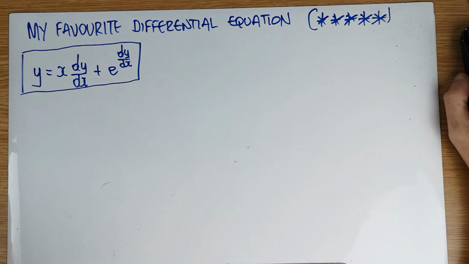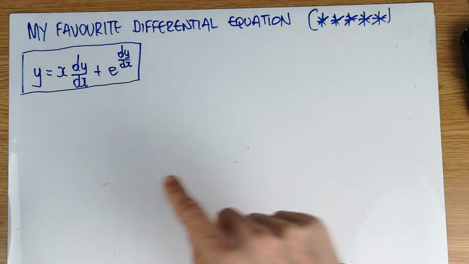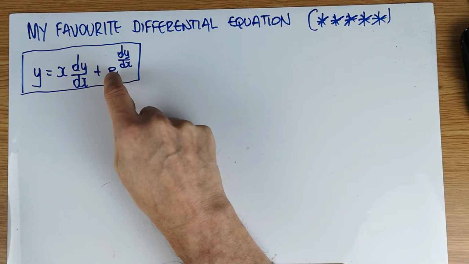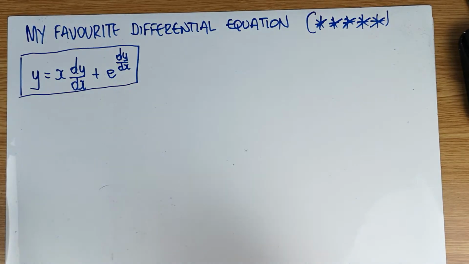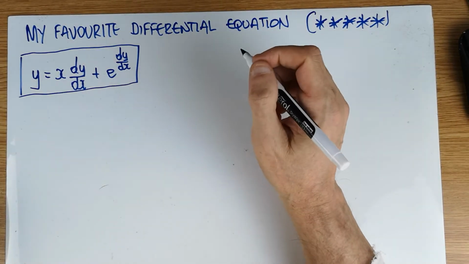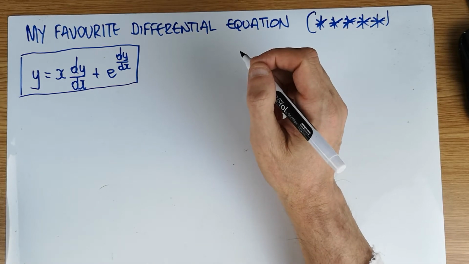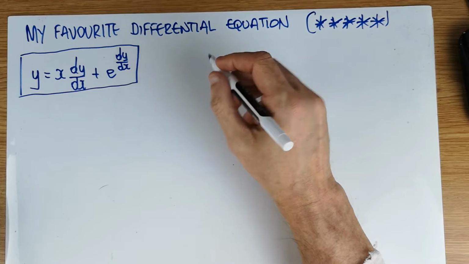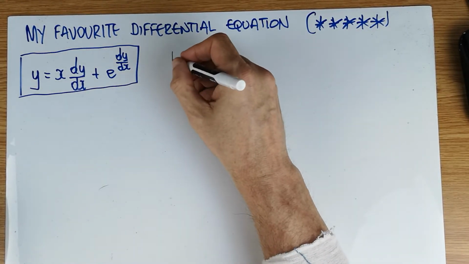So what is the problem with this particular differential equation? Well, quite clearly the problem is this differential coefficient, which is e to the dy by dx. So we're going to start by differentiating the differential equation across with respect to x.